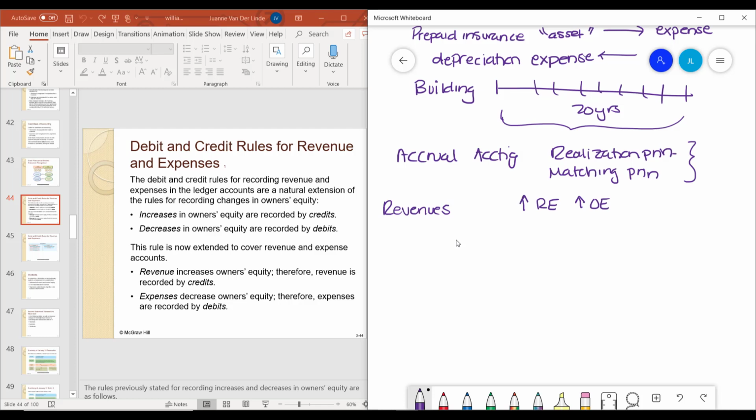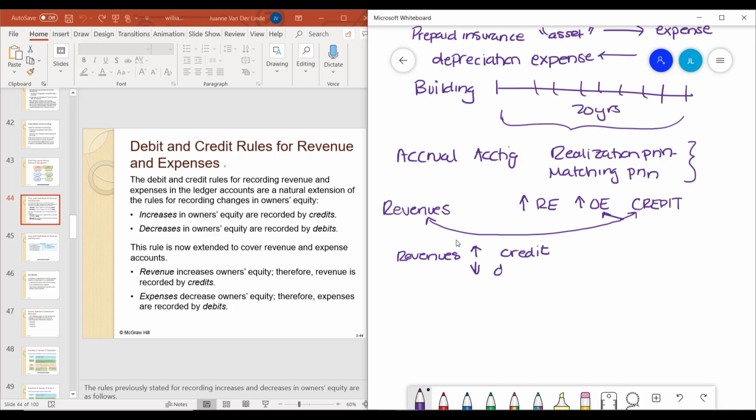How do we increase owner's equity? Recall, that is done with a credit. So because revenues increase owner's equity, we increase revenues with a credit. So when revenues go up, you show that with a credit.